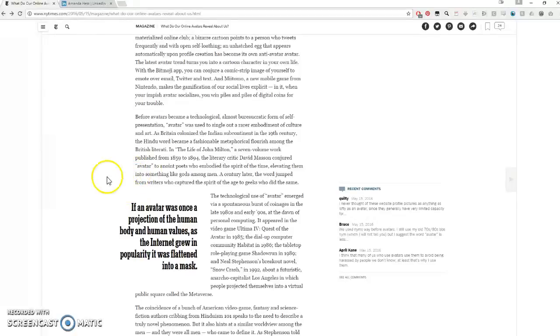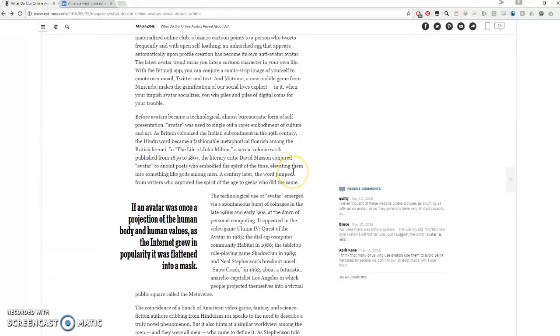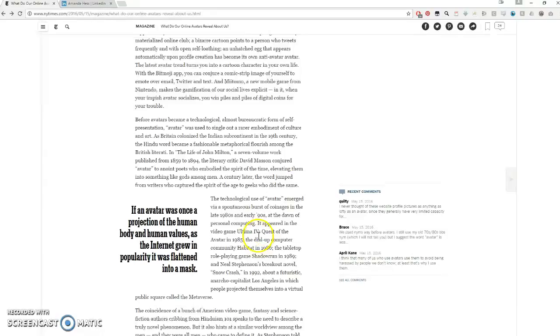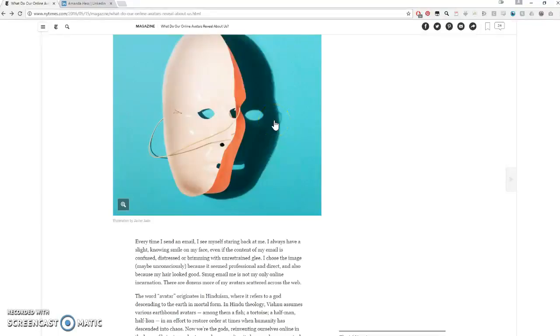The last element we need to look for then is purpose. Here we're looking for whether the information is fact or opinion, whether it's presenting a point of view, whether it's promoting a product, whether it's biased. Now, this particular article would be classed as an op-ed. So it's an opinion piece, an editorial piece.